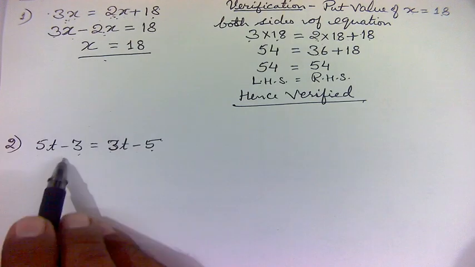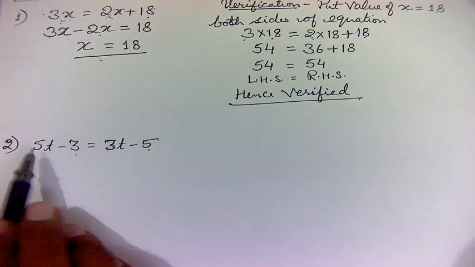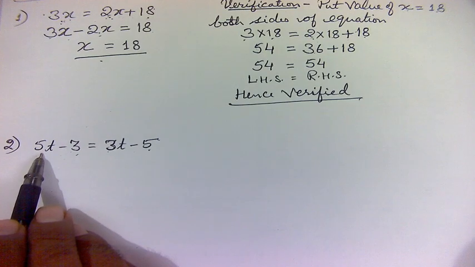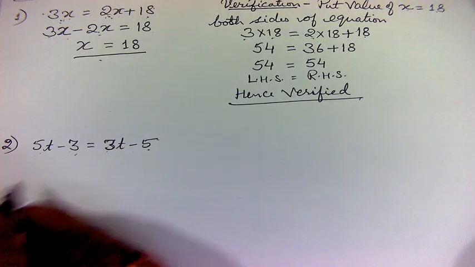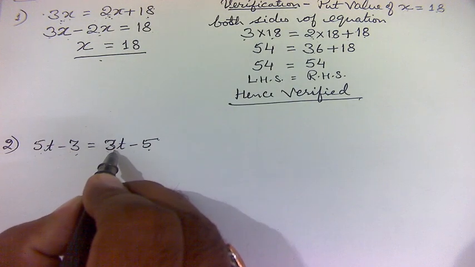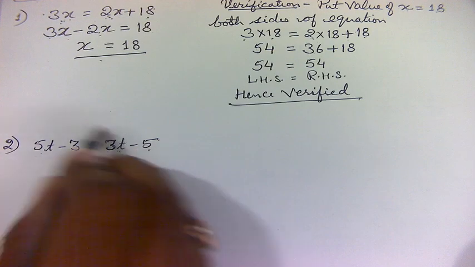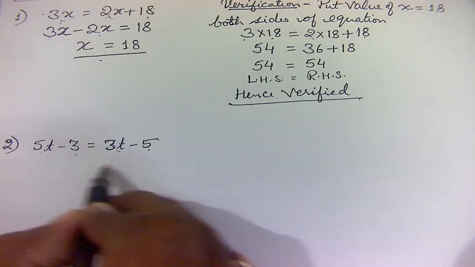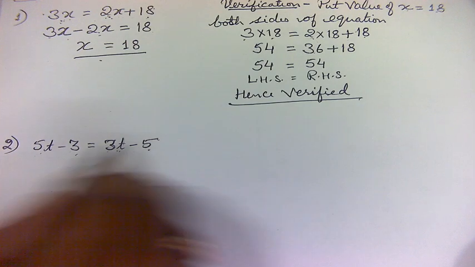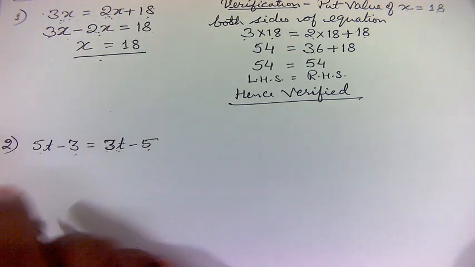But now you have constants on both sides and variables also on both sides. So what we will do? We will interchange both the terms. We will transpose this 3t from right to left and minus 3 from left to right, variables on one side and constants on the other side.